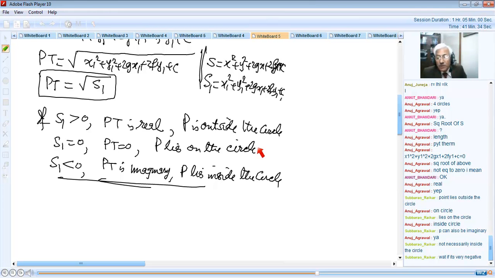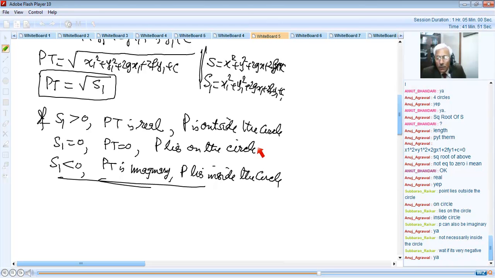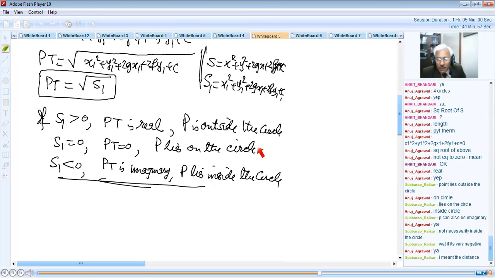What if it is very negative? A point can be negative as well: -3, -4. Where does it lie? It lies in the third quadrant. If point P is negative, that means -3, -2 or -3, 2, it will lie in the second or third quadrant.